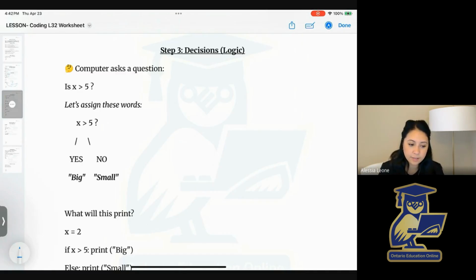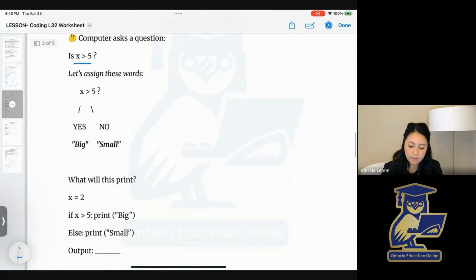Is x greater than 5? So we need to assign words. So let's say if x is greater than 5, if the answer is yes, we're going to say big. If x is not bigger than 5, if the answer is no, then we're going to say small.